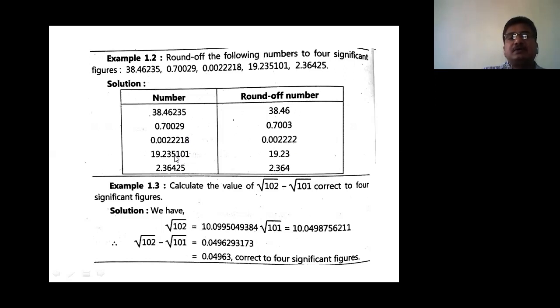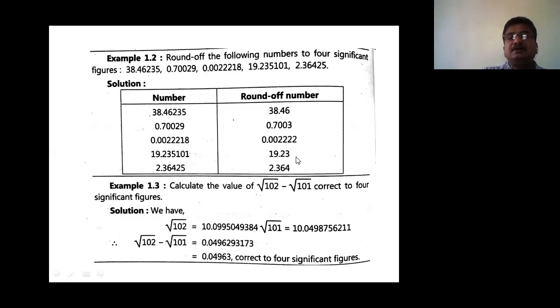So we have to round this number up to 4 significant figures, which means we have to discard 5, 1, 0, 1. This 5 is exactly 5, and the previous number is odd, so increase by 1. So 19.24. Here is a mistake.